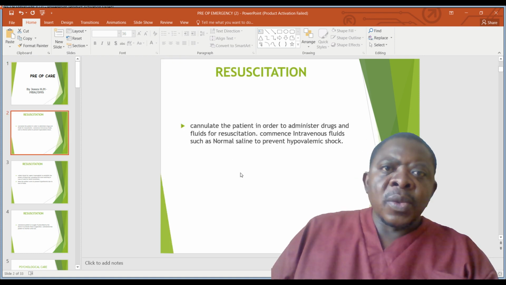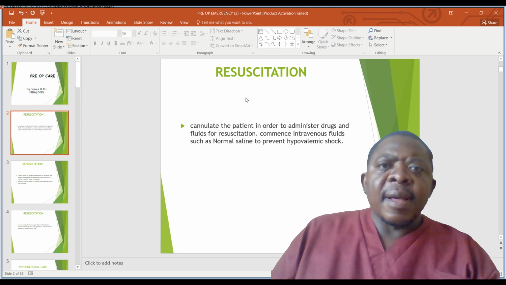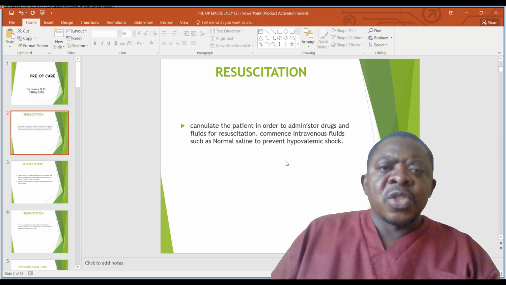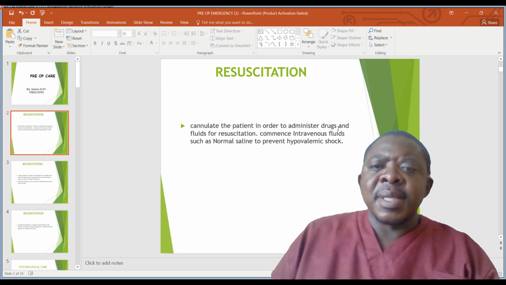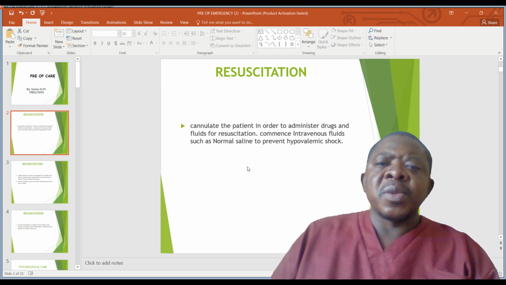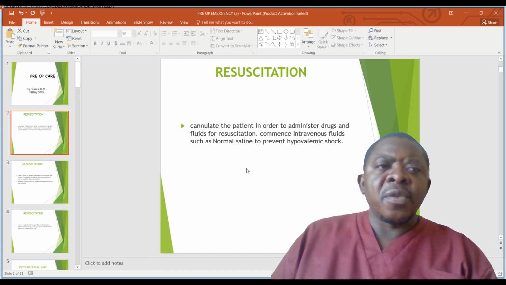So in pre-operative care, that is for emergency, we are saying we have to write about the resuscitation of the patient. So what should constitute a resuscitation? So you cannulate the patient in order to administer drugs and fluids for resuscitation. You commence intravenous fluid such as normal saline to prevent hypovolemic shock.